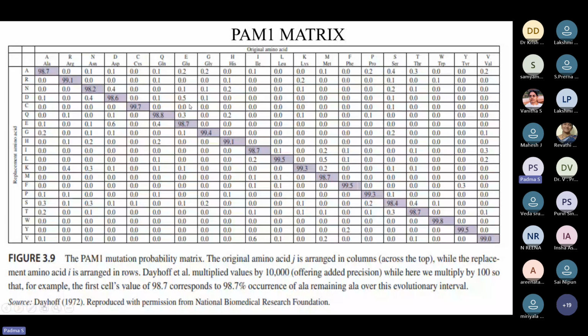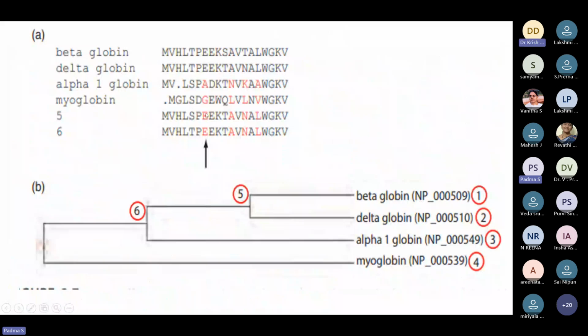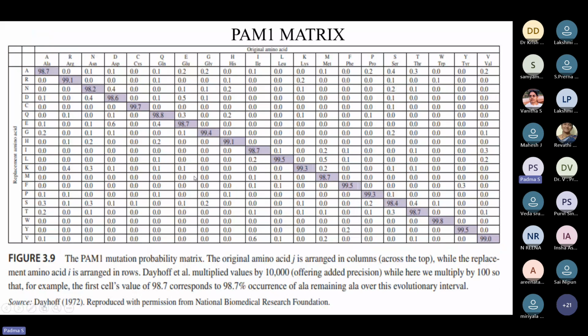So in the previous slide I have shown you this particular amino acid is being replaced in these different samples. So that is the percentage of these mutations which are possible or which can be tolerated over a period of evolutionary significance. How these values are coming is not our purview right now.